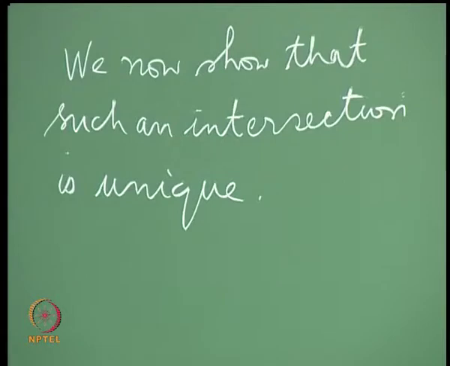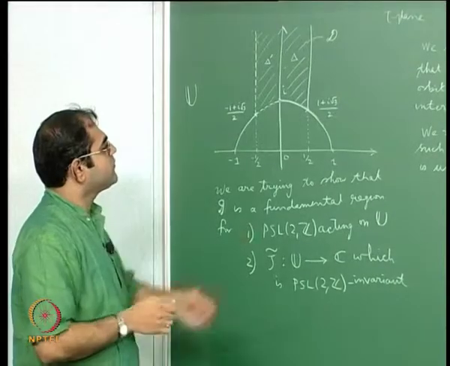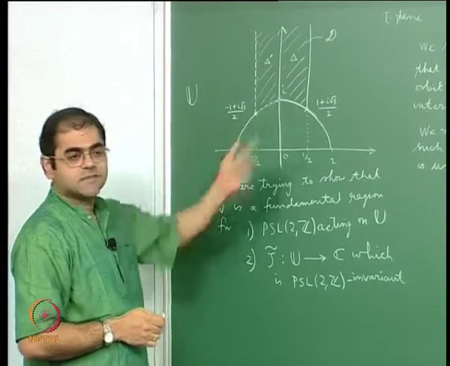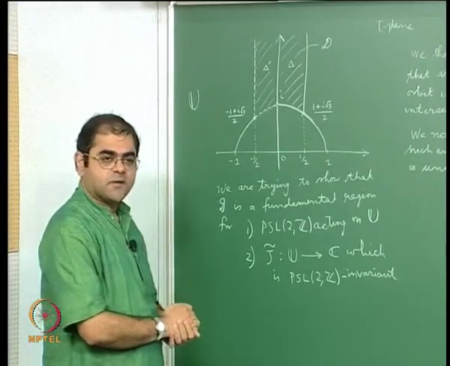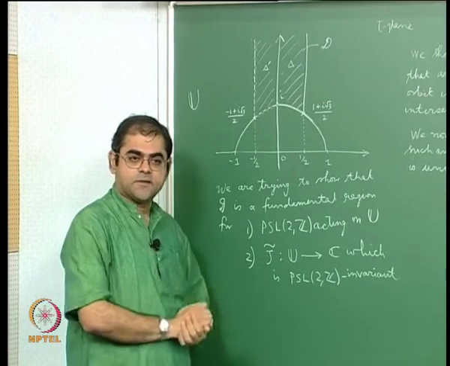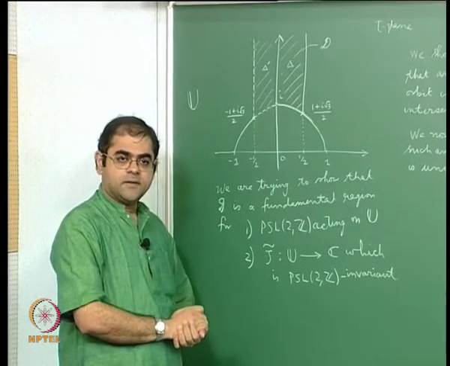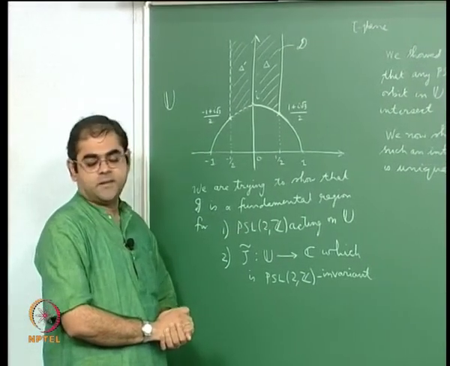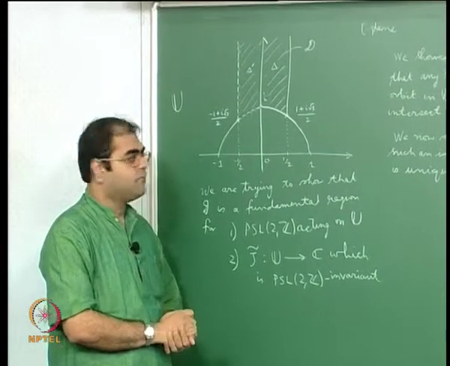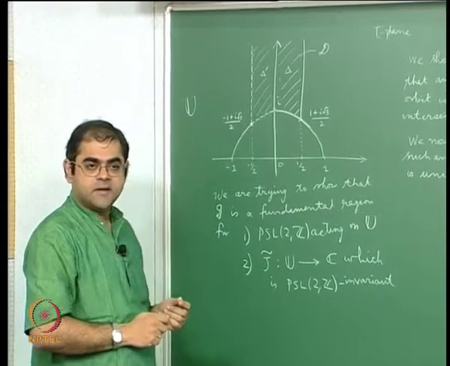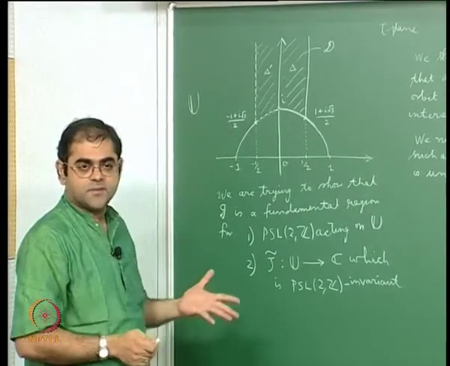What we will do is start with two elements in script D and assume that one is the image of another by an element of the unimodular group. So they will both be points in a single PSL2Z orbit which lie in script D, and then we will show that they are one and the same.